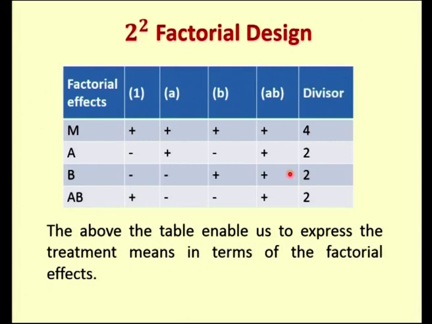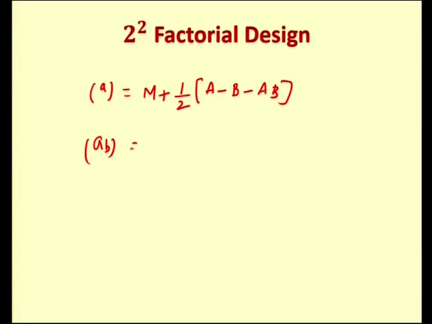For example, from the table we get a as m plus half of A minus B minus AB, and ab as m plus half of A plus B plus AB, and so on.